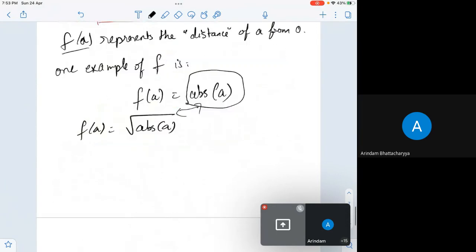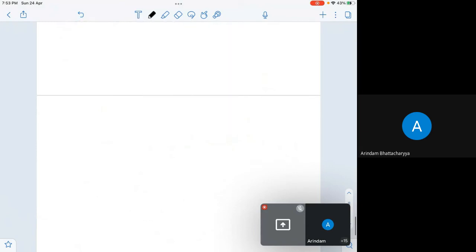So here's the other kind of distance. Before that, does everyone know what this expression means?